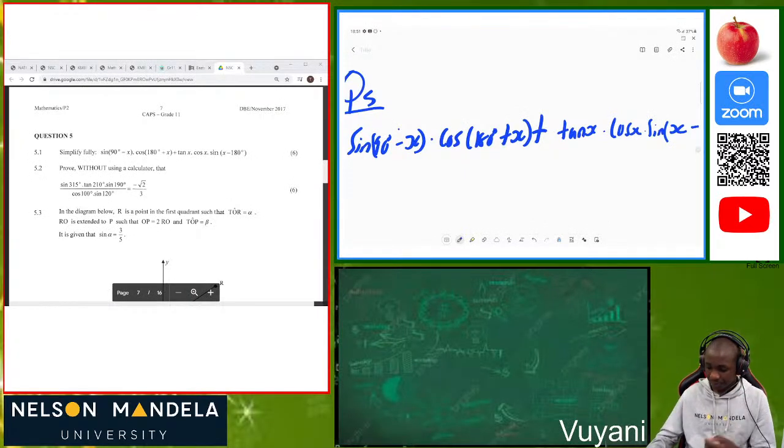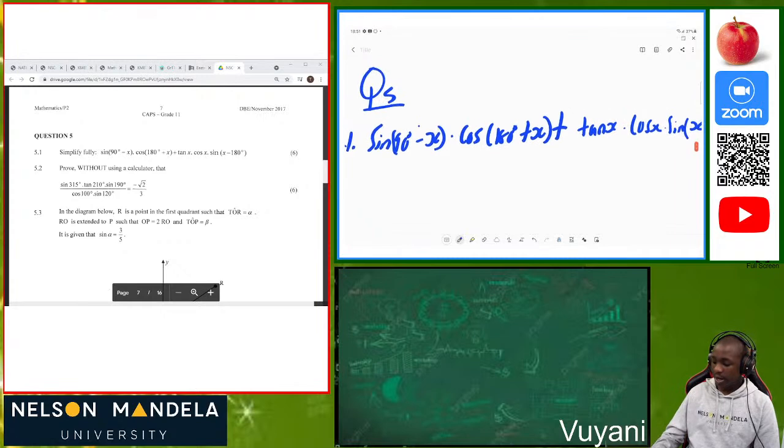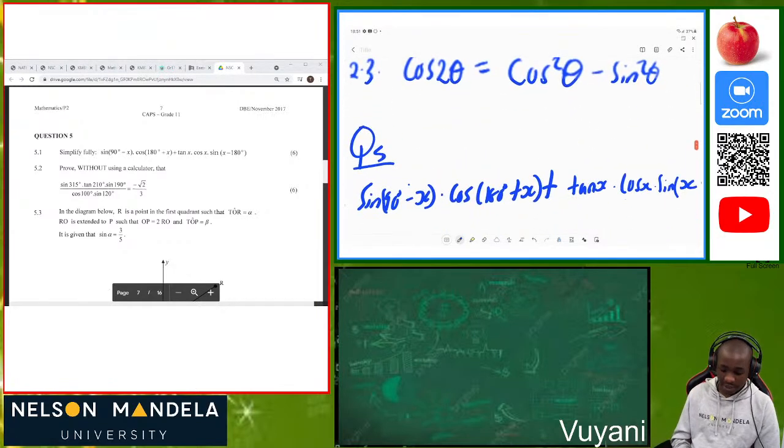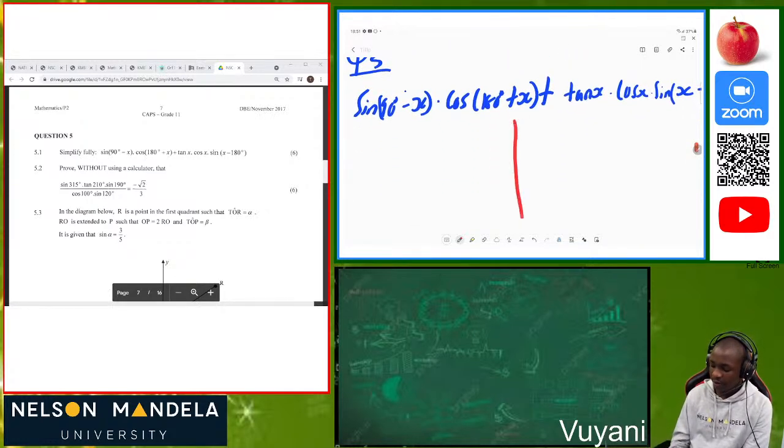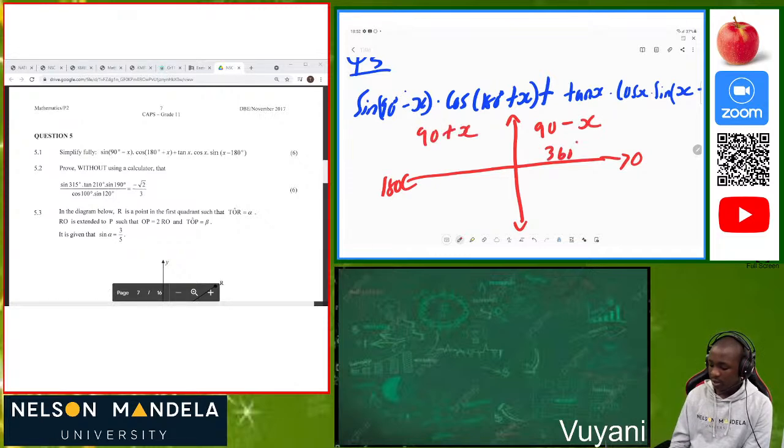So now, let's do it. Let me just draw something so that I can remind you of a few things. If you're given this kind of question, so that you prevent yourself from getting into trouble, you have to have this, if you don't know it by heart, of course. So we have our 90 minus x, because we're talking about x. We have our 90 plus x. We have our 360 degrees plus x.